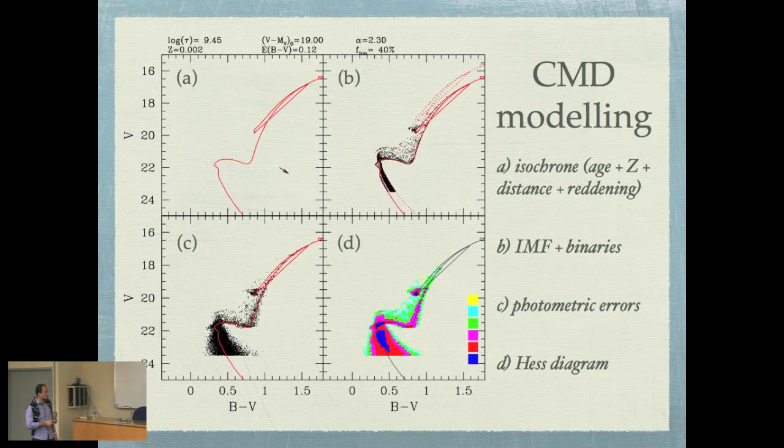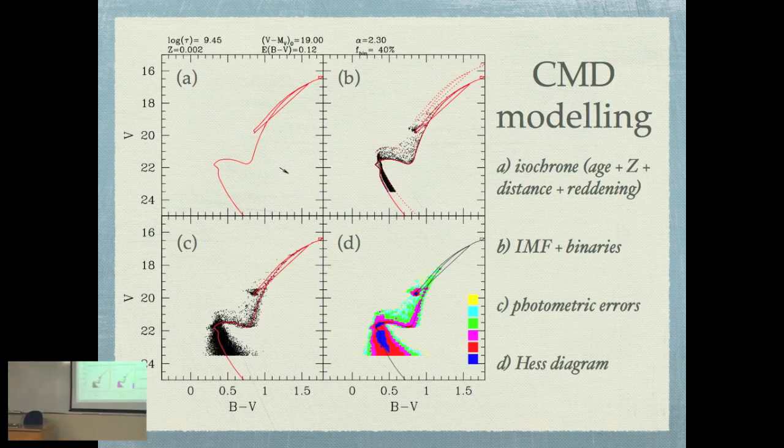Of course, cutting some magnitudes here to be consistent with the observations. There is no reason to simulate stars that will not be compared. And we introduce the photometric errors equally to the observations. And finally, we make a Hess diagram with the density of this, which will be seen as probability.